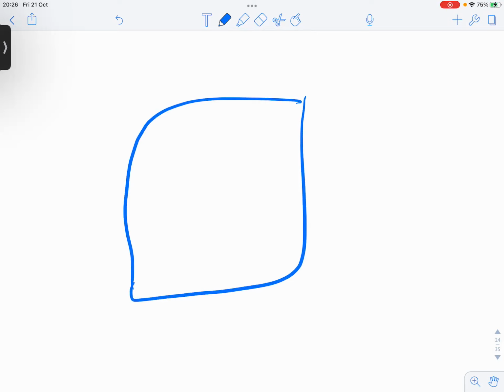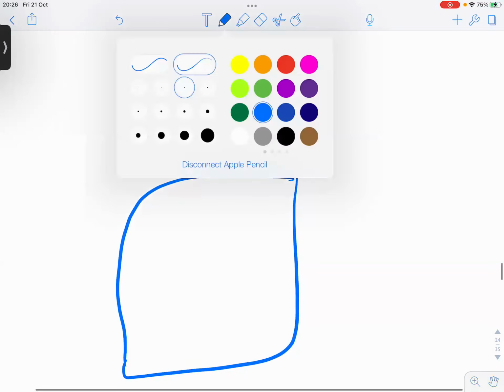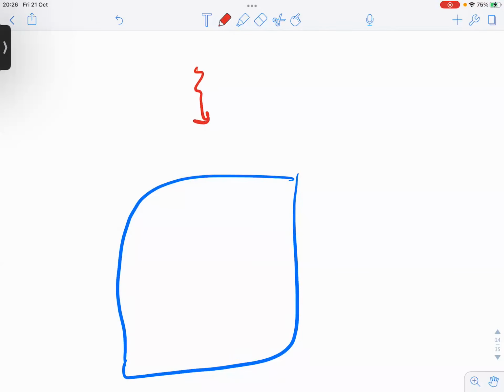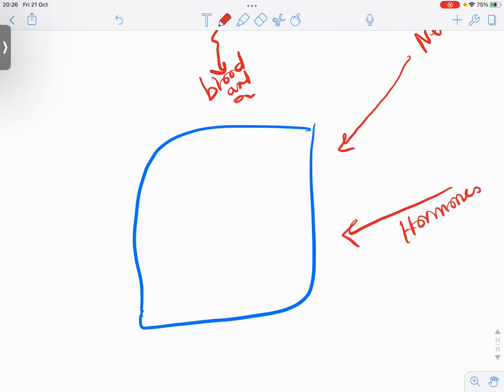A lot of supplies come to the cell, for example, blood and oxygen. Also the nerve, there is nerve supply. What else? Hormones can also affect the cells.